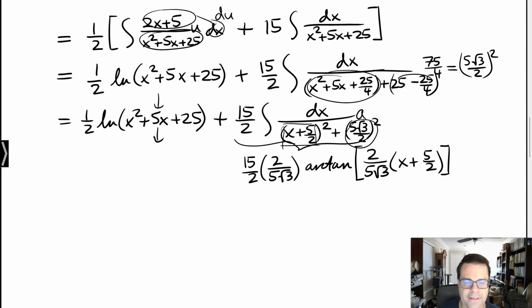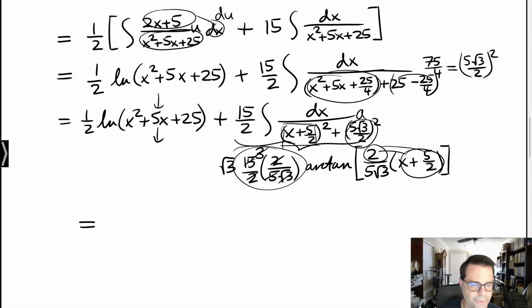Okay, let's put everything together. If you look at all these, we got 2's. So we're left with 3 over √3, which just reduces to square root 3. So the entire coefficient out in front here is square root 3. And then what I'm going to do here is put the 2 and just distribute it across here. That's really the best thing I can do here.